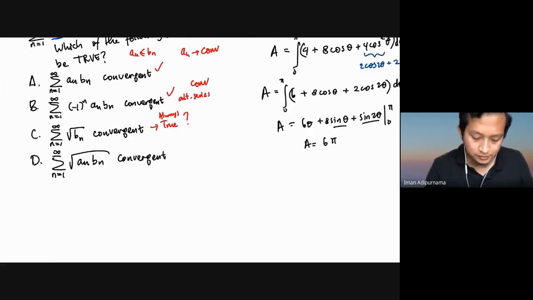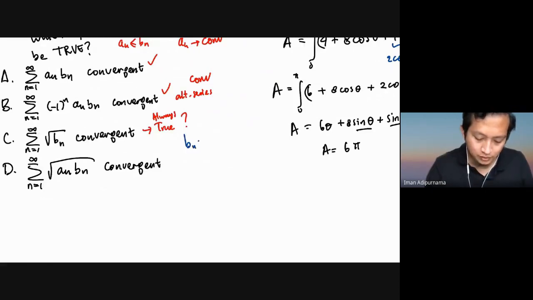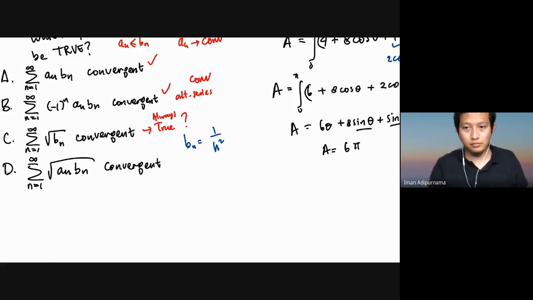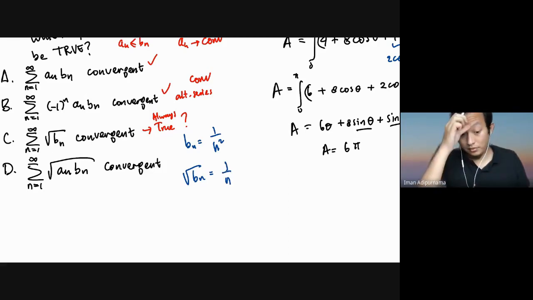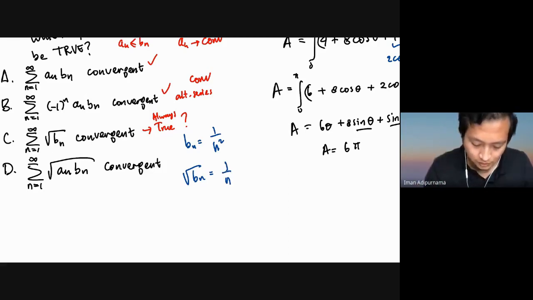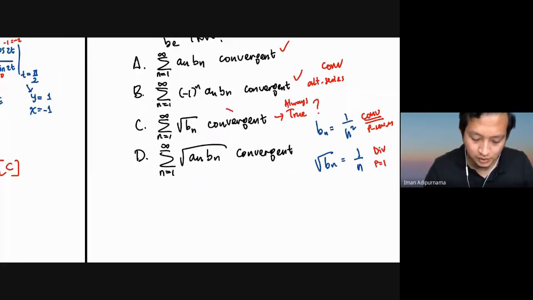For example, if I have bn is 1 over n squared, the square root of bn is 1 over n. This converges, of course, right? The p-series. But this becomes divergent, because p is now equal to 1. No, this is not always true. So this is false.